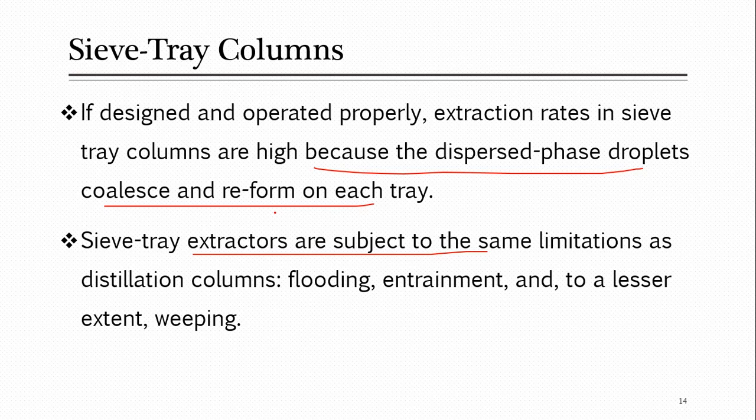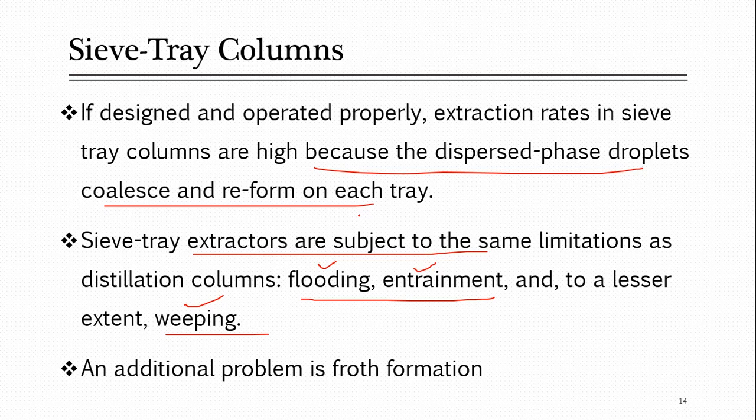Those issues are flooding, entrainment, and to some extent weeping can also take place here. You are already familiar with these terminologies, so I don't want to repeat them. If you forgot, please go back to either distillation or absorption and see their definitions. So these problems are part of the sieve tray liquid extraction column.